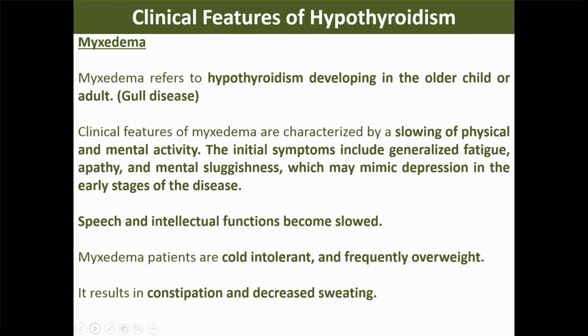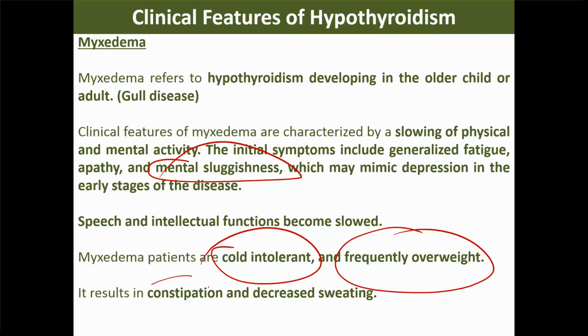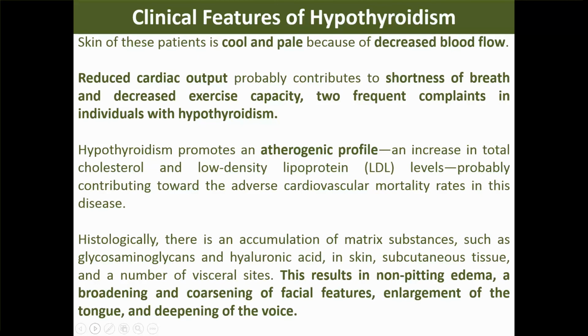Now coming to myxedema, which is adult hypothyroidism, what you see is mental sluggishness. They do very slow activities, and they become cold, the exact opposite of hyperthyroidism. They become cold intolerant, they are overweight, and they have constipation, decreased sweating and reduced cardiac output.